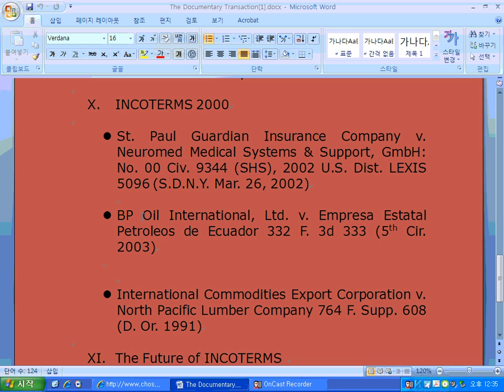The parties are considered, unless otherwise agreed, to have impliedly made applicable to their contract or its formation a usage of which the parties knew or ought to have known, and which in international trade is widely known and regularly observed by parties to contracts of the type involved in the particular trade concerned. So the language denotes the custom, commercial custom, which could be applied as a matter of law.